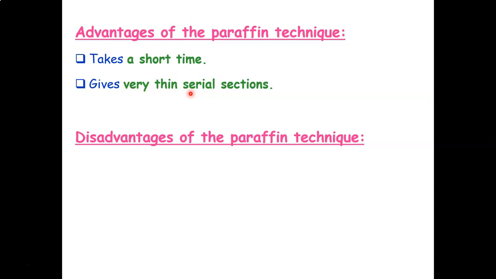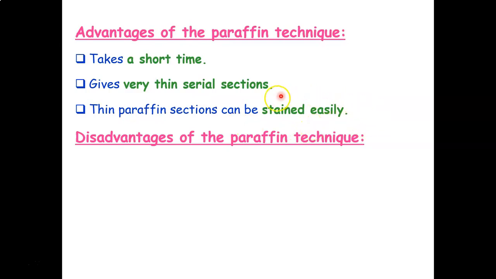What is the importance of serial here? Serial means I have many sections. So I have plenty of sections to be stained, to be examined. So I will get a reserve from the tissue to be studied. And the thin paraffin sections can be stained easily. This is an easy technique, short technique, creating many sections.